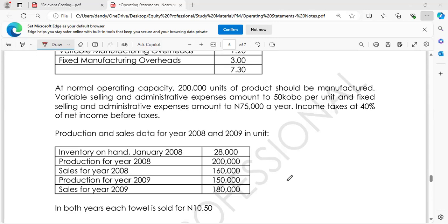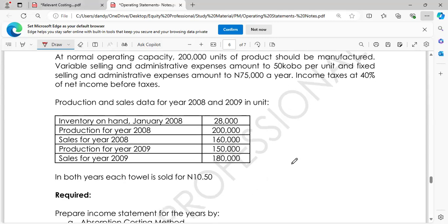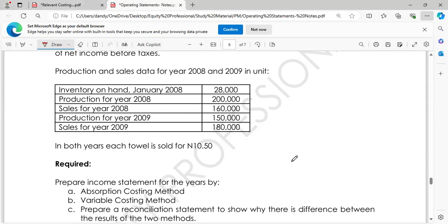Production and sales data for year 2008 and 2009 in units. Inventory on hand, January 2008, 28,000. Production for year 2008, 200,000. Sales for year 2008, 160,000. Production for year 2009, 150,000.